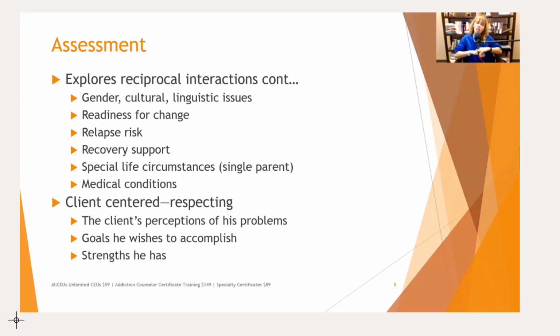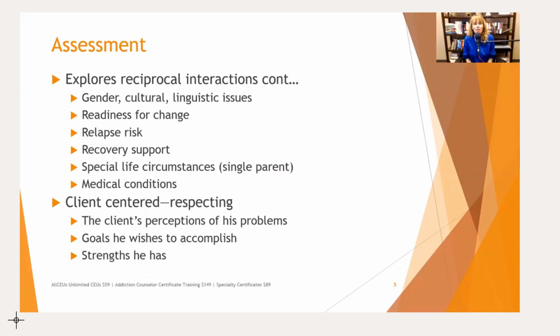So once you've looked at all the reciprocal interactions and you've tried to figure out and identify any potential barriers and how to overcome them, you've identified all the strengths the client is bringing to the table that you've got to work with, and you've identified any resources that the client has or that are in the community that can be used to deal with these barriers and enhance treatment engagement.